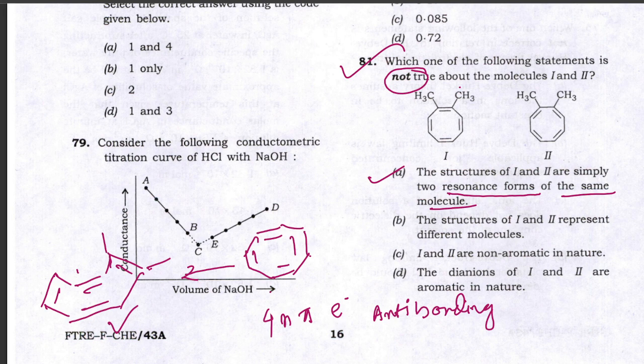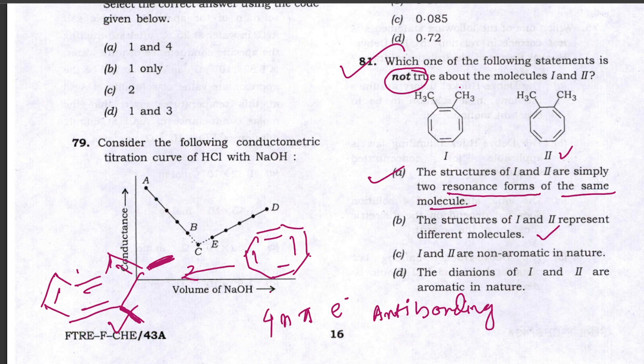But if you put the other substitution not here but in this position, on an adjacent carbon but not in the same double bond, that is structure 2. So they represent different molecules. This statement is correct, but they didn't ask for the correct statement.